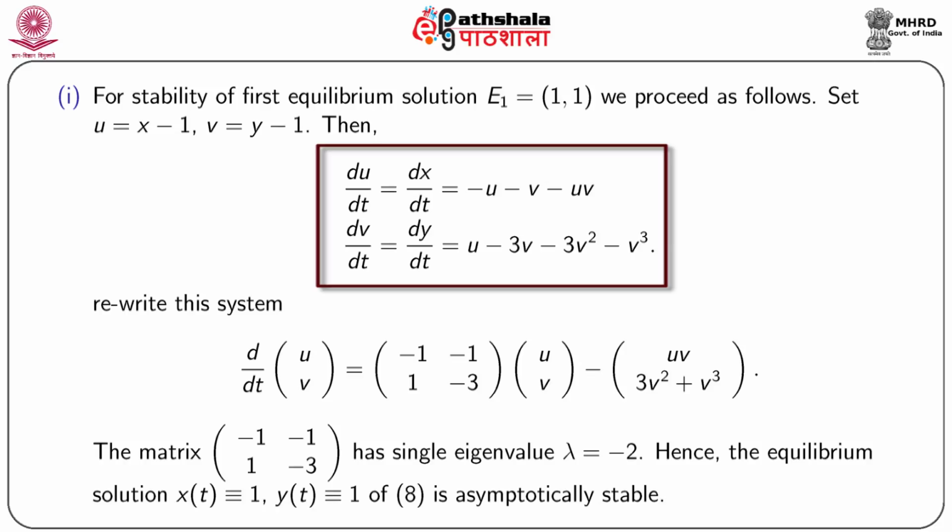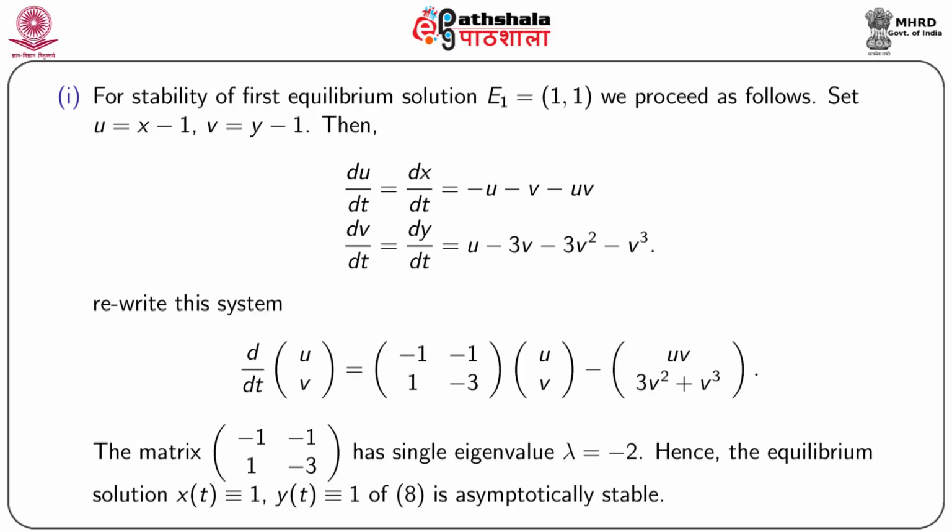and dv/dt is equal to dy/dt, which is equal to u minus 3v minus 3v square minus v cube, and we rewrite the system in the matrix form. d/dt of (u, v) is equal to the matrix [minus 1, minus 1; 1, minus 3] times (u, v) minus the nonlinear part (uv, 3v square plus v cube).